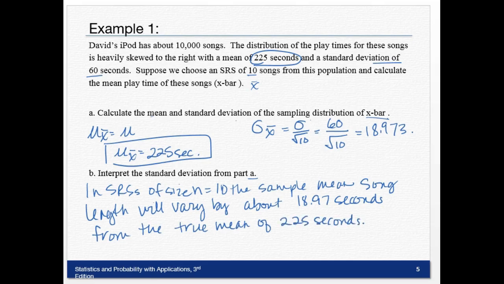So it's just saying that if you take any random sample of 10 and you average the song length, it's going to vary by about 18.97 seconds from the real mean. All right? So use this as a model to interpret in context as we go.